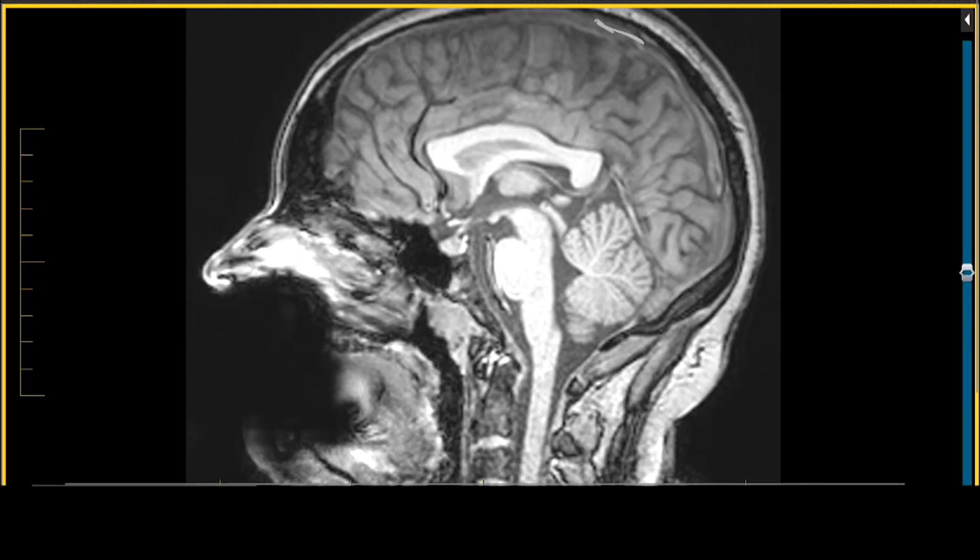You'll see how hard it is to see, because when it's gray and smooth and you've lost any flow phenomenon, it's going to blend with the adjacent gray brain, and you're going to completely miss it. So be on the lookout for an expansile, solid, non-flow phenomenon area of gray signal throughout the superior sagittal sinus. This is absolutely critical not to miss.